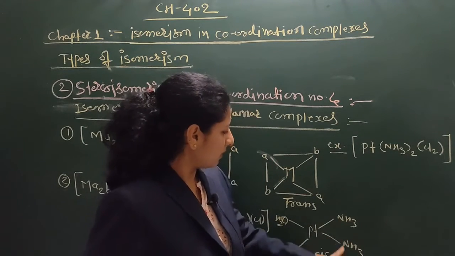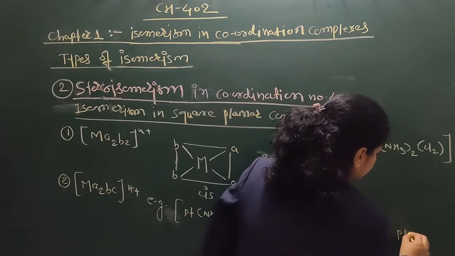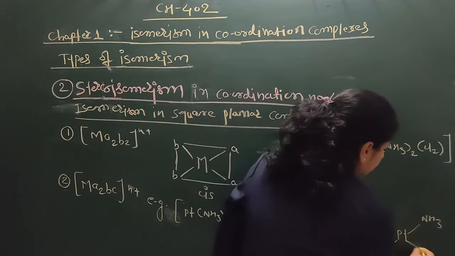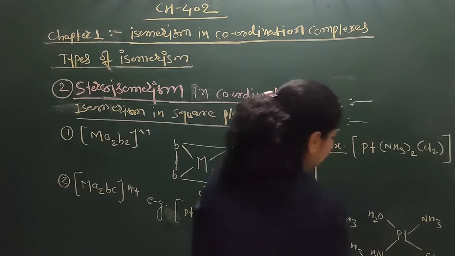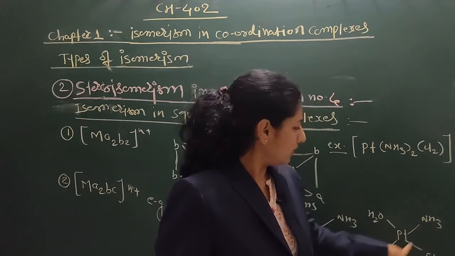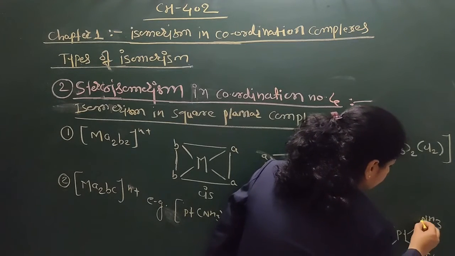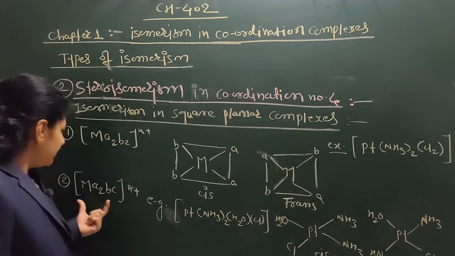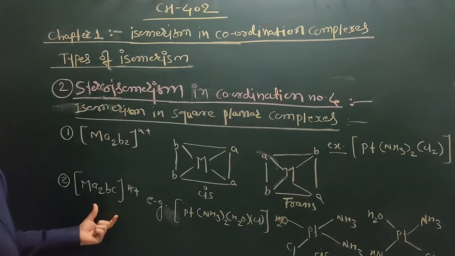Here the ammonia is on the opposite side, so this is the trans one. So this is the Ma2B2 type, showing cis and trans geometrical isomerism.